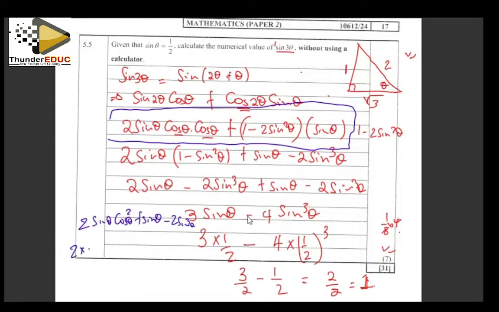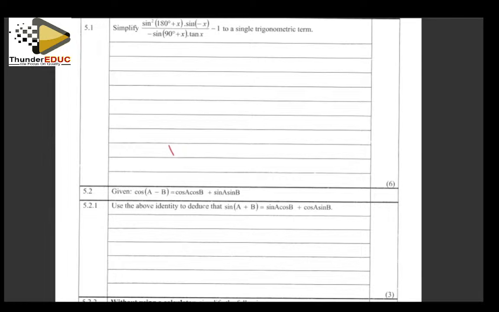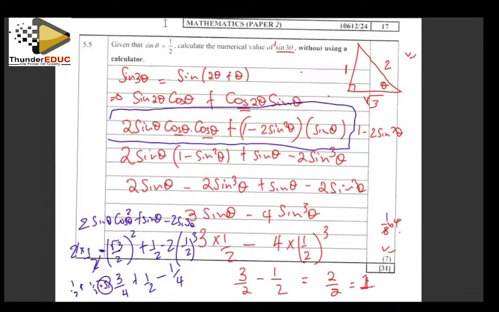So it's 2 times a half, and the cos is adjacent over hypotenuse, so that's root 3 over 2, squared, plus a half minus 2 times a half cubed. So this cancels that. I'll have 3 over 4 plus a half minus, that's going to be an 8, which is 1 over 4. And then 3/4 minus a quarter, you get a half. And then a half plus a half gives us a 1. So that is question number 5.5.